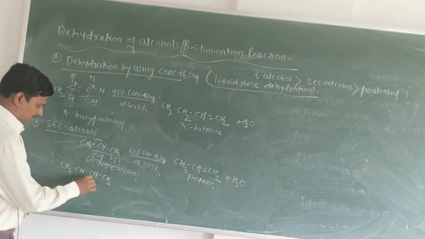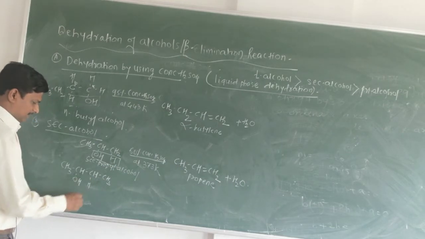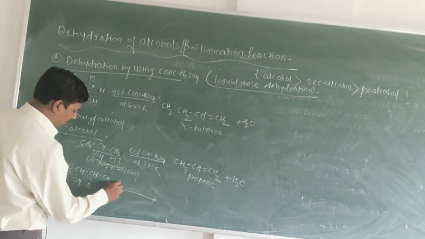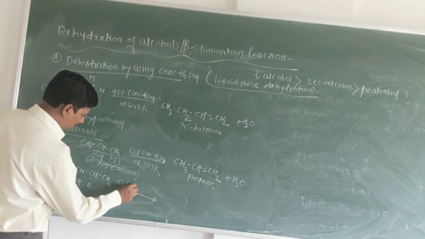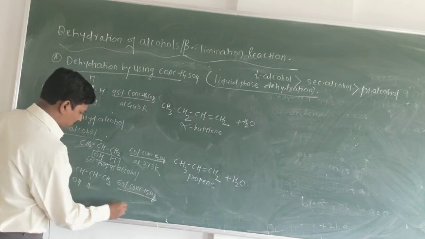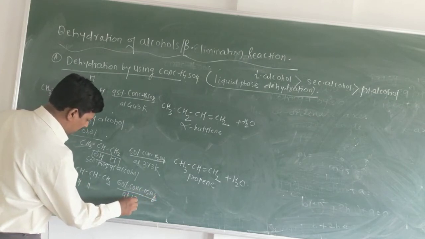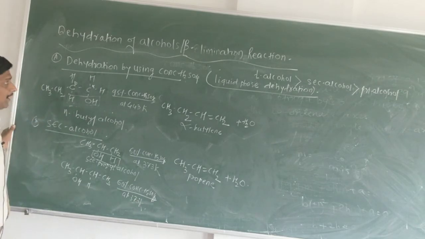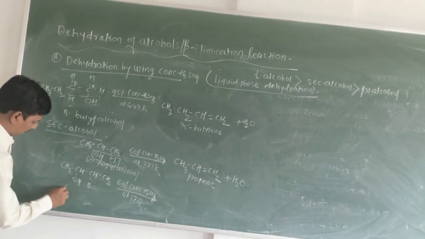Now this secondary butyl alcohol reacts with 60% concentrated H2SO4 at 373 Kelvin temperature. Again, dehydration with the removal of a water molecule from this secondary butyl alcohol takes place.